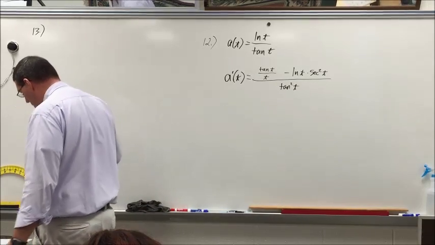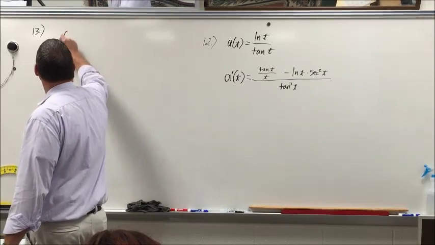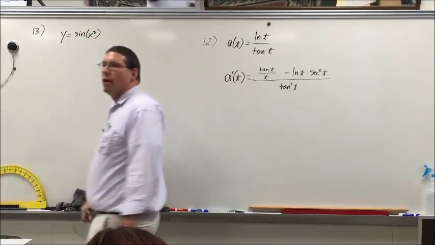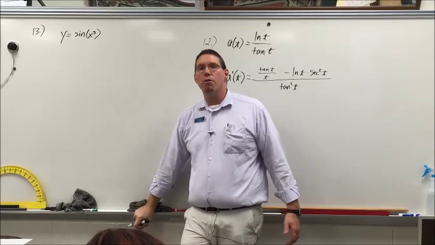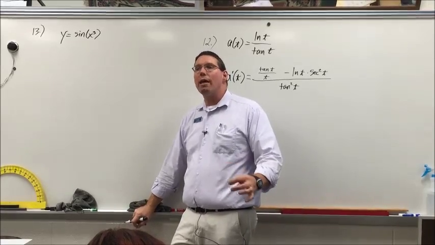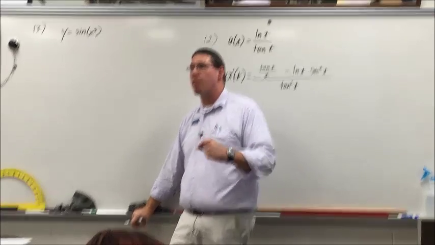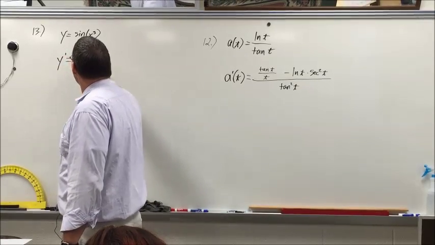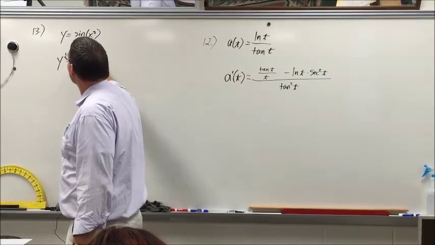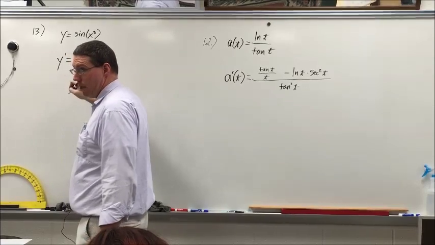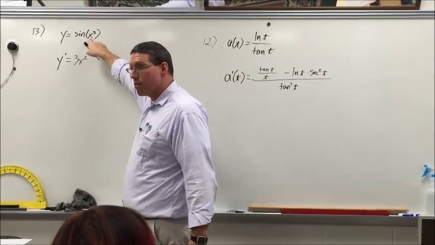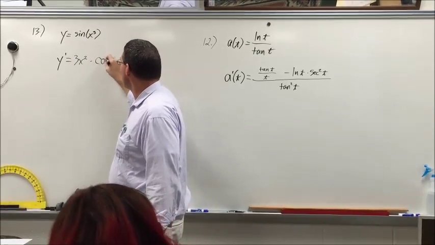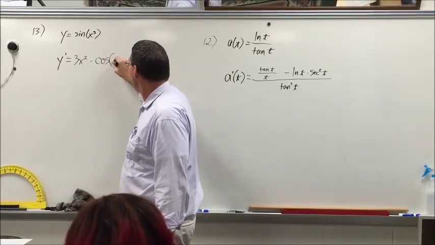Okay, let's start. So we got y equals sine of x cubed. The only hard part about the chain rule is knowing when to use it, knowing that you are seeing a function inside of a function. So y prime here is the derivative of the inside, 3x squared, times cosine of x cubed.